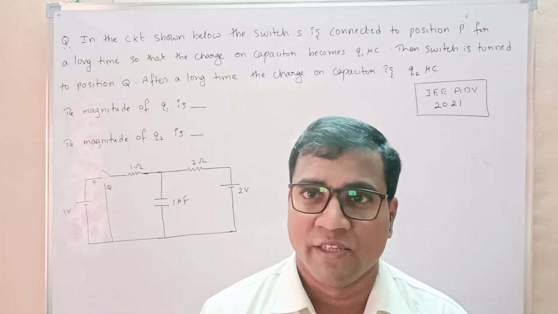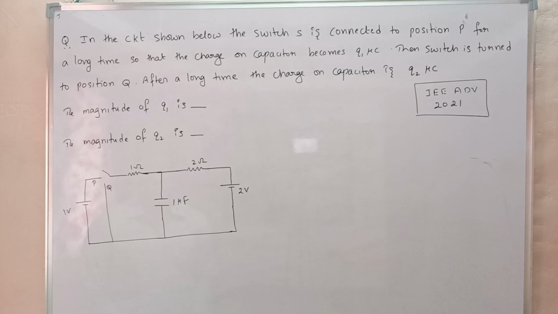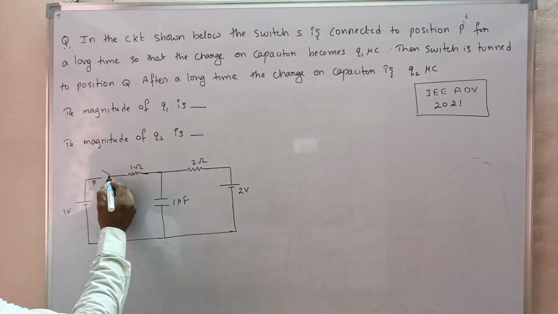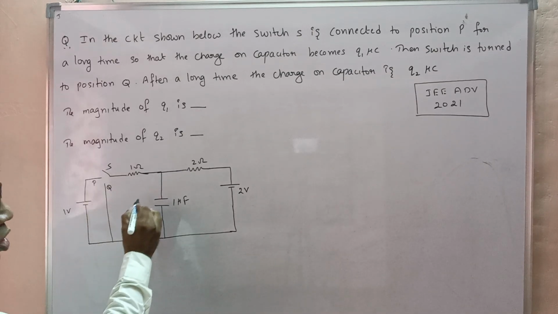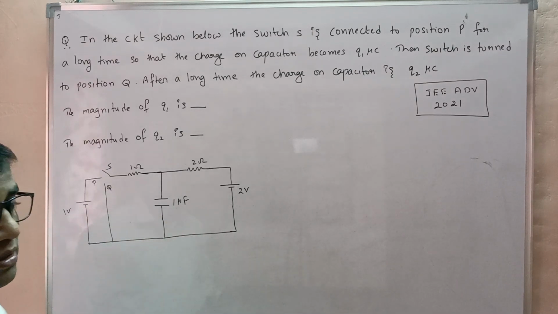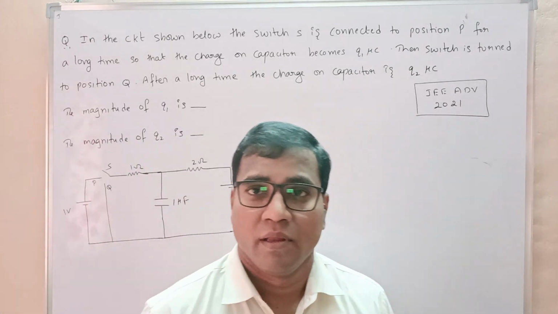Again, this is an easy and conceptual question. Just see here. When the switch S is connected to P, after a long time the charge on the capacitor is Q1. Why is it mentioned after a long time?